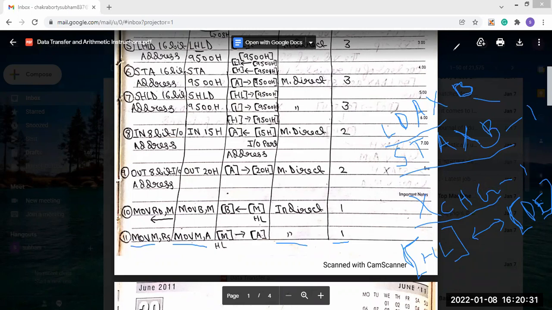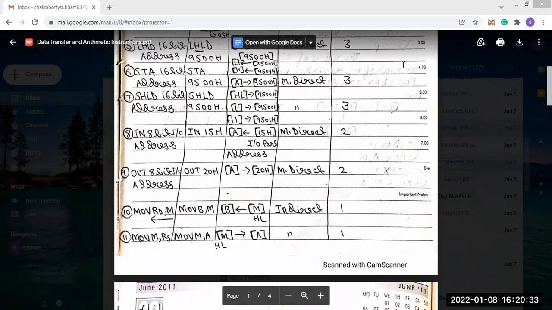And the other two mentioned: SPHL. This is another instruction.